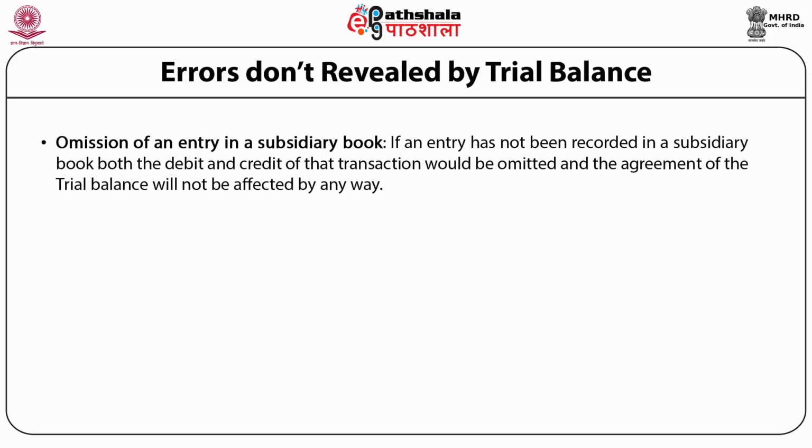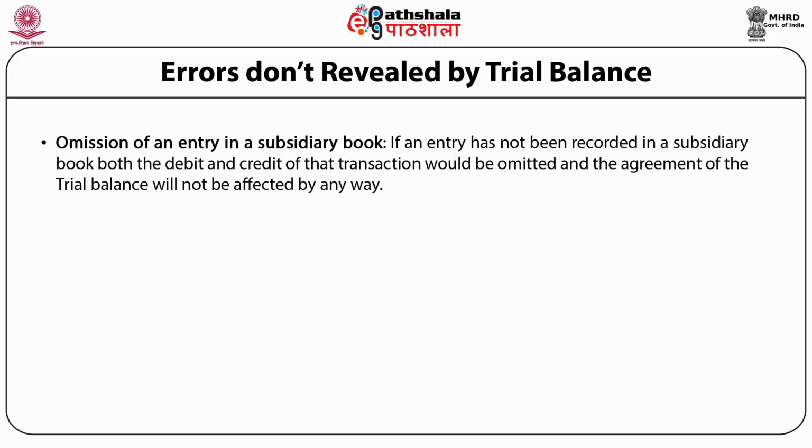Omission of an entry in a subsidiary book. If an entry has not been recorded in subsidiary book, both the debit and credit of that transaction would be omitted and the agreement of trial balance will not be affected in any way.